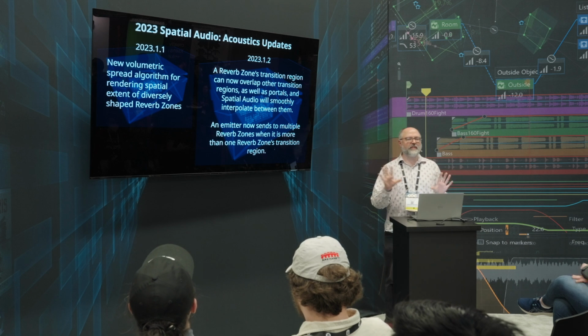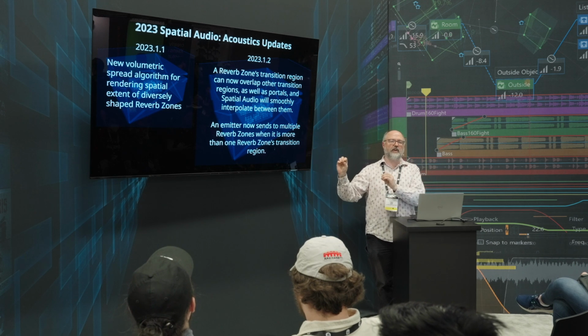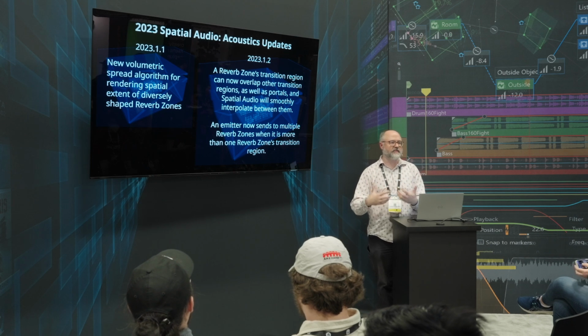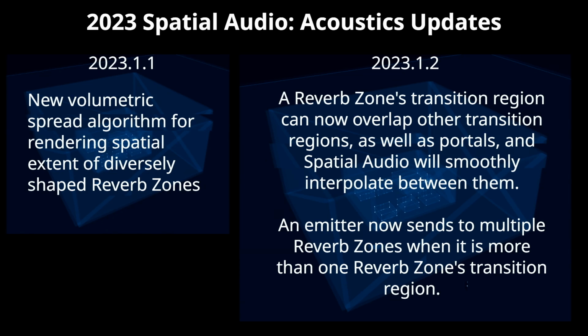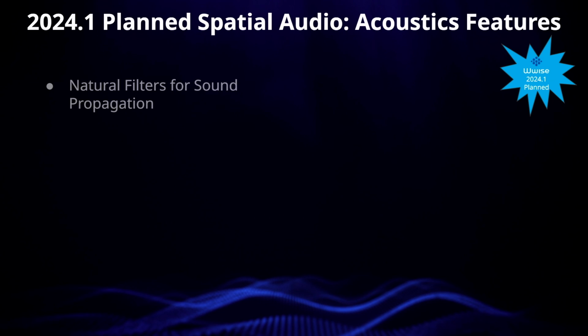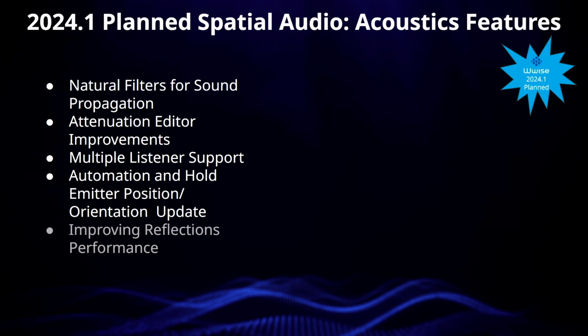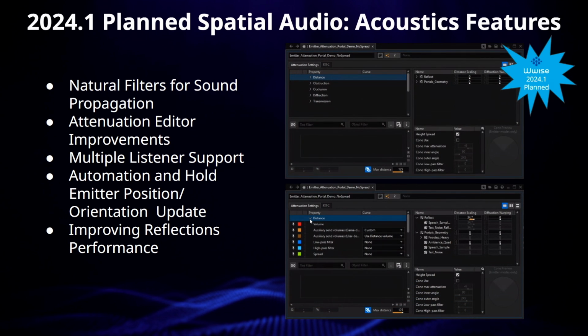So again, what this slide says is continued commitment to evolving the way that this works, sounds, and is delivered as part of your game and presentation. Some of the things that we have planned for spatial audio coming up in 2024.1 include natural filters for sound propagation.